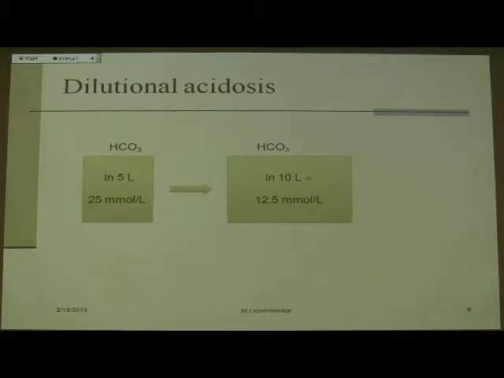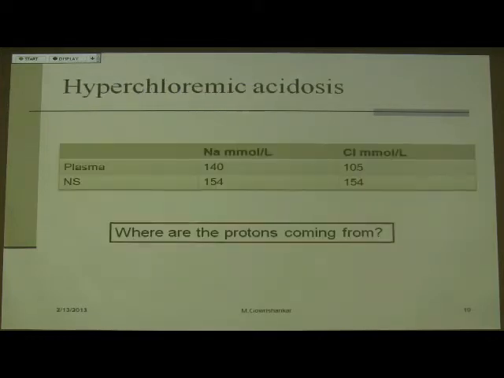But remember, the body is not a full box. As you're giving the fluid, there are also the wonderful kidneys that are excreting all these things. So it doesn't really reach steady state, it's dynamic, and therefore it's not completely all dilutional if you're going to explain acidosis as a result of giving somebody normal saline on the basis of dilution.